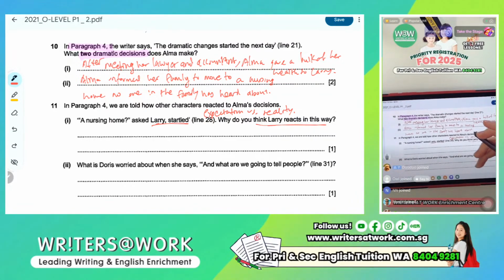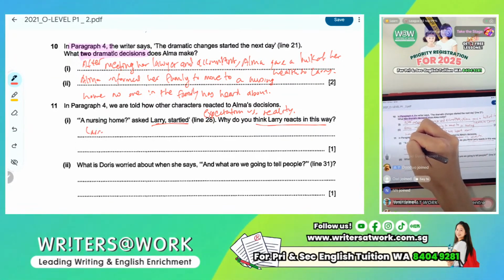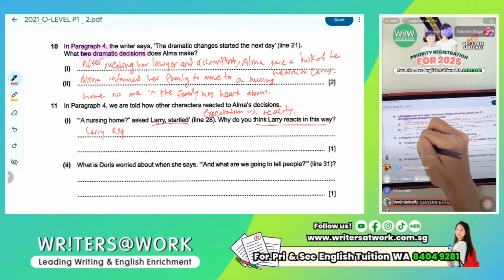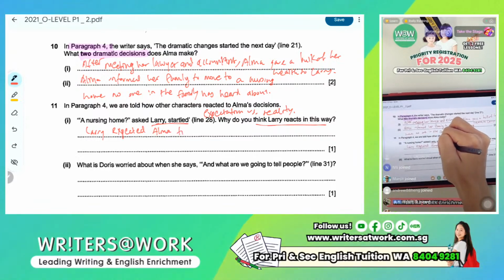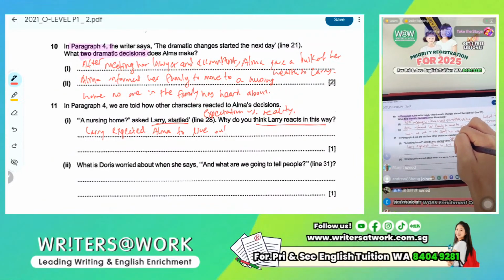So you could say that Larry expected Alma to live out her golden years. If you want to use some flowery language, you can say live out the rest of her life. Okay. In the family home.